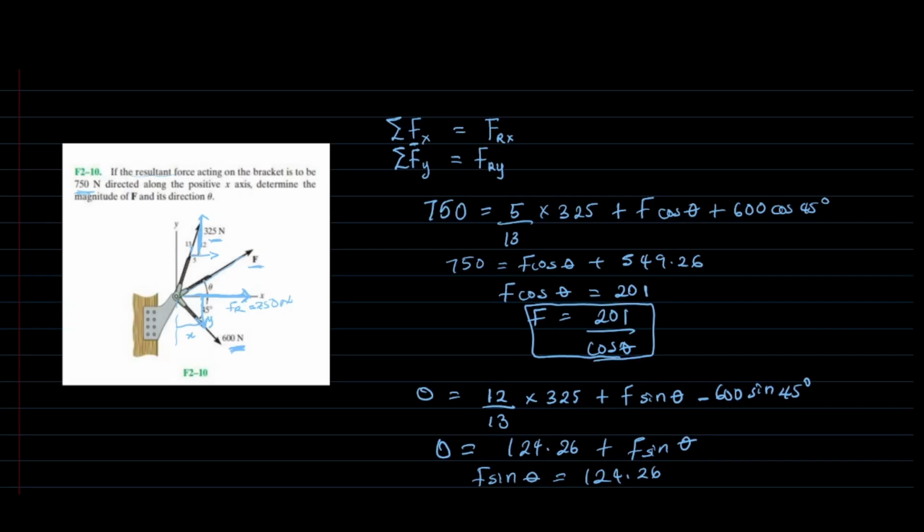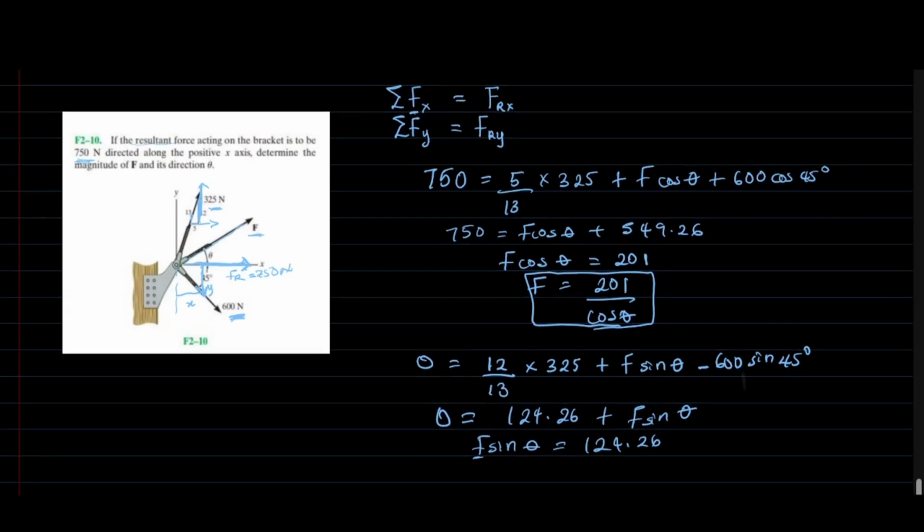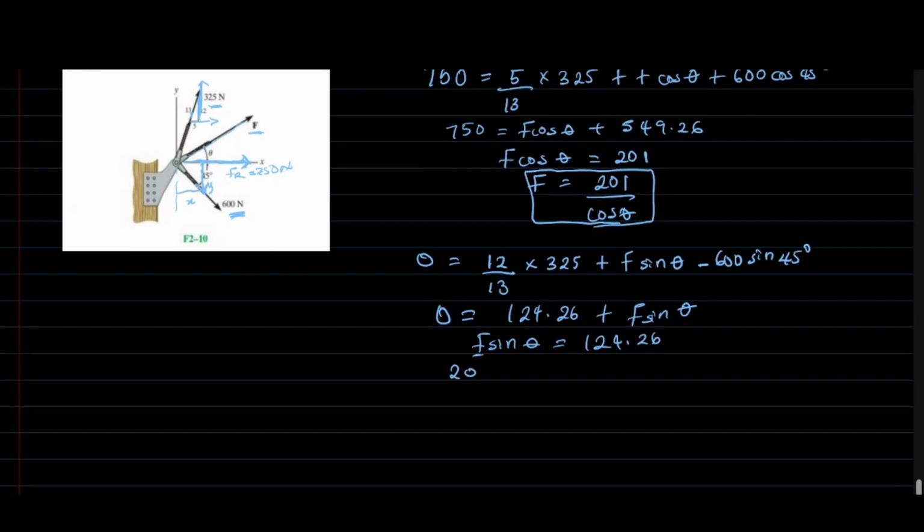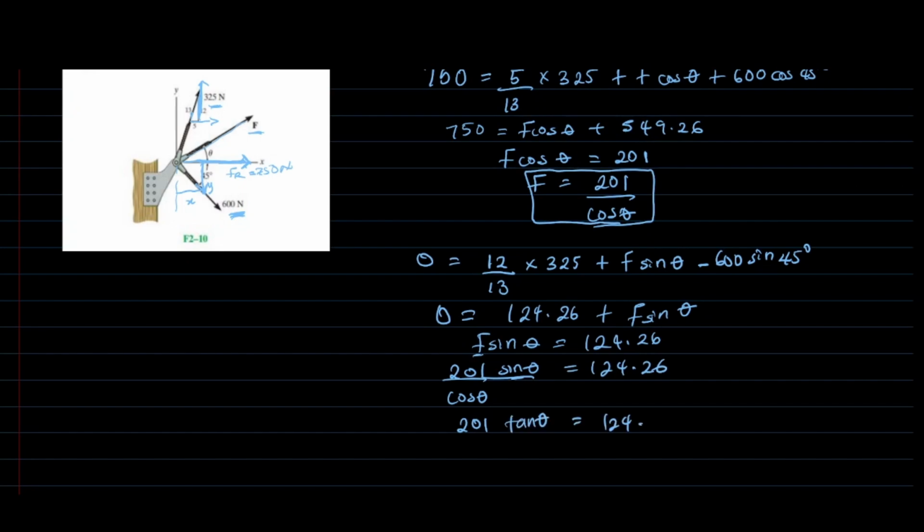Now remember I made F the subject of the formula here. If we simply substitute into this F here, we're going to have 201 over cos theta times sine theta equals 124.26. Sine theta over cos theta is actually tan theta. That's why I had to make F the subject of the formula. If you make theta the subject, it's going to be tan inverse of 124.26 over 201.